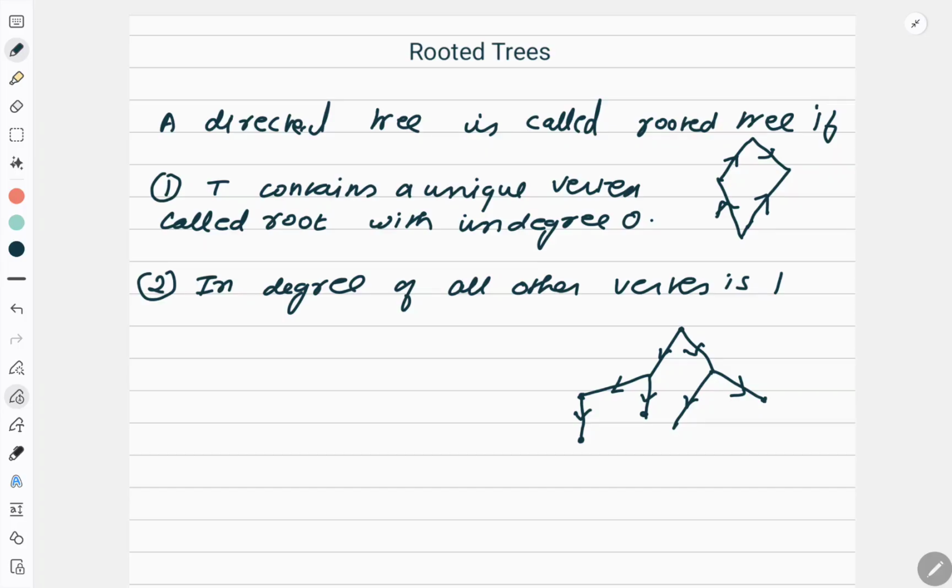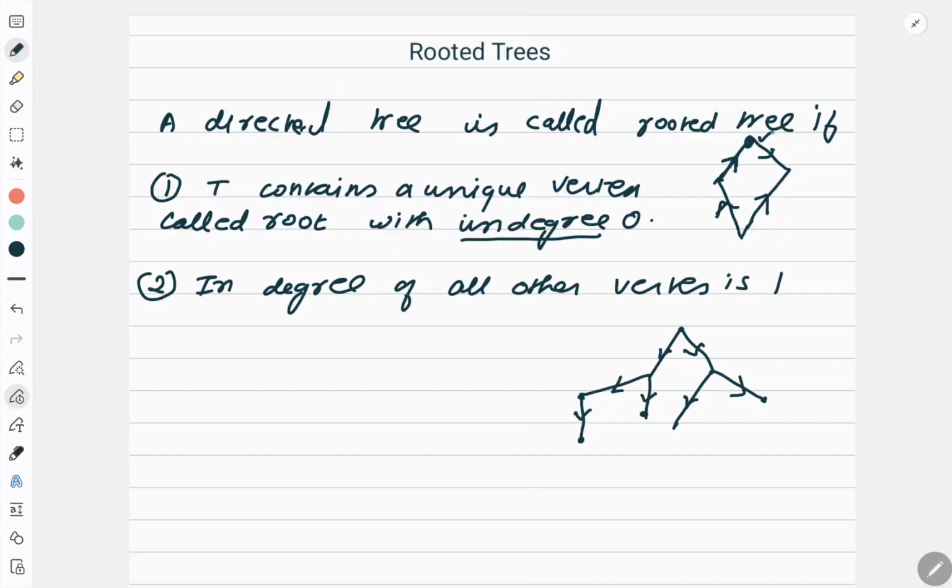Then what is the first condition? T contains a unique vertex called root with in degree 0. What does the word in degree mean? If you remember, in the directed graph I told you, if this is a vertex, whatever is going inside is called in degree.